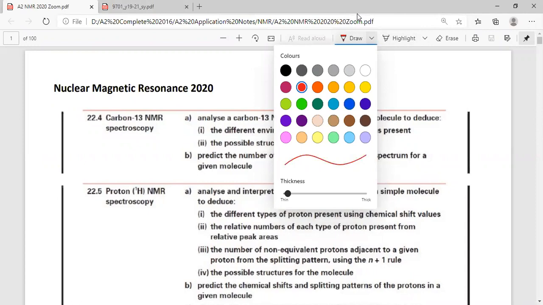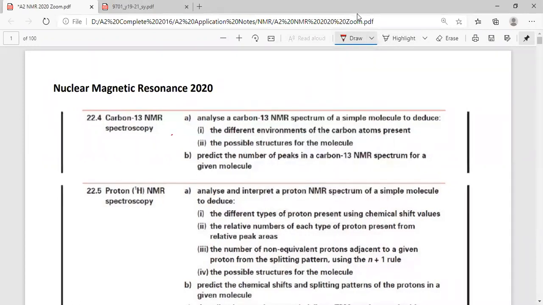For this part we mainly want to do organic molecules, simple molecules, molecules with carbon.